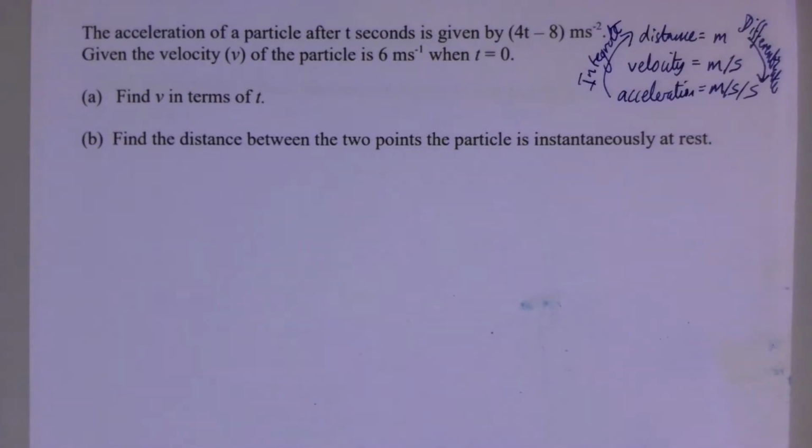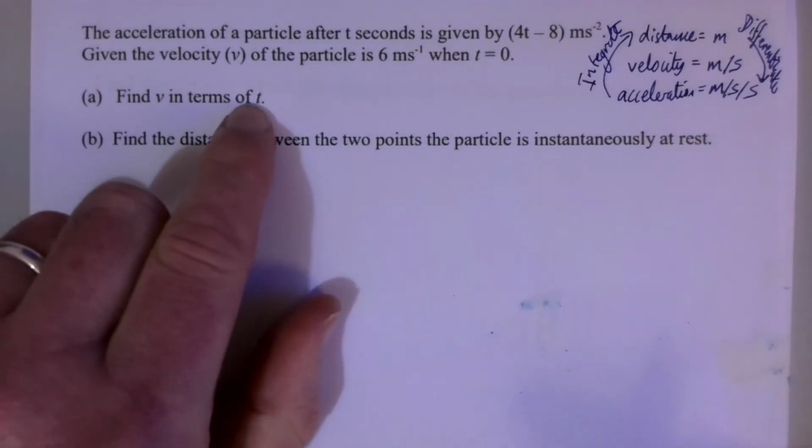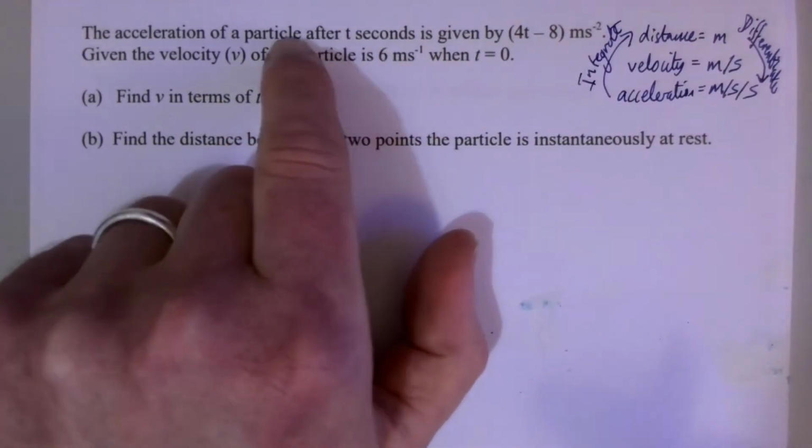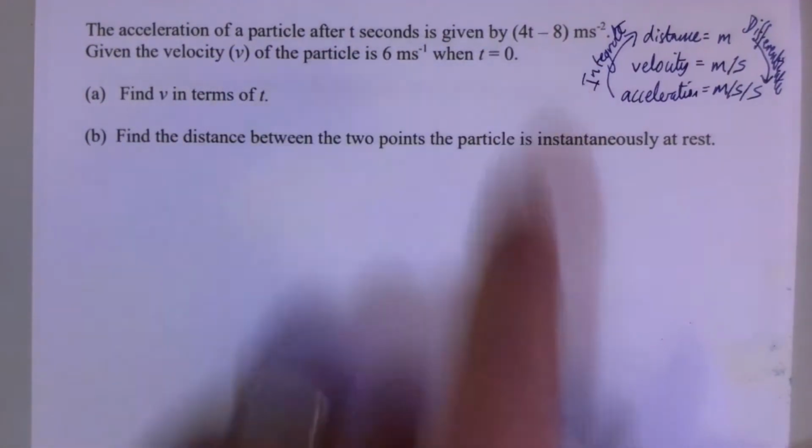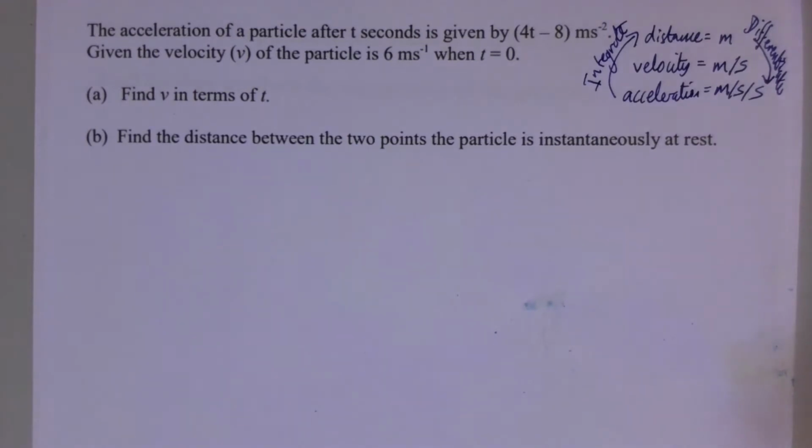So we want to know the velocity in terms of t, and we've been told the acceleration, so we need to integrate. So pause the video and have a go at doing that if you can.